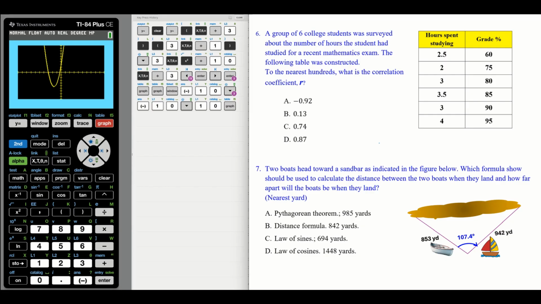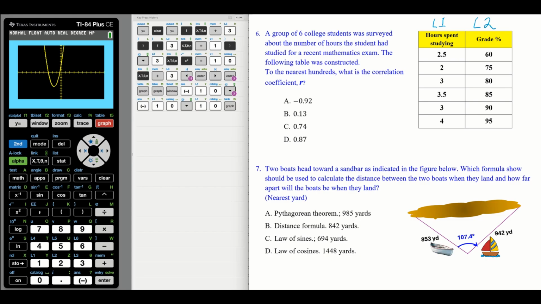The following table was constructed. To the nearest hundredths, what is the correlation coefficient R? Okay, that tells me we need to make a list. So this will be L1 and this will be our L2.